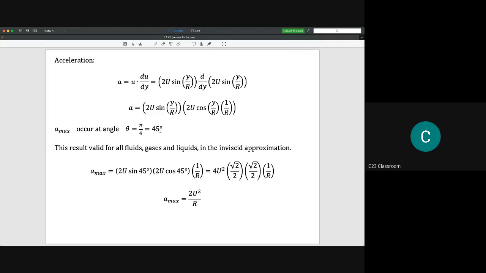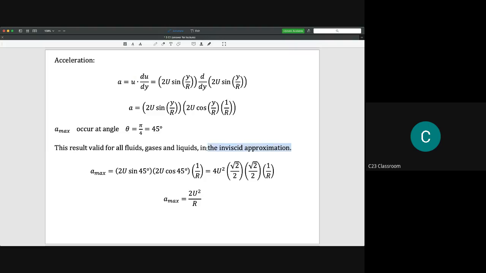And then we assume that all this result is valid for all fluids, gases and liquid, in the inviscid approximation.